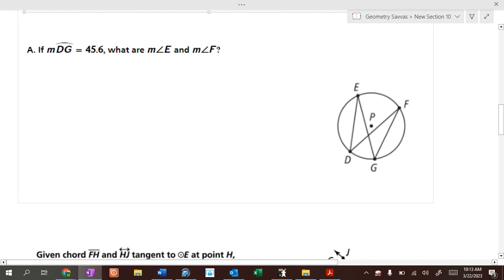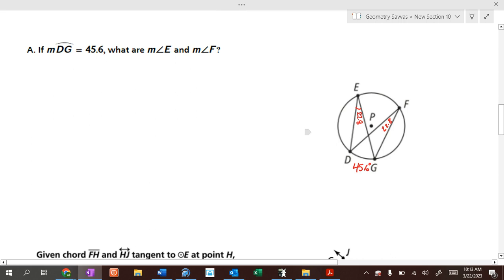So if arc DG is 45.6 degrees, how big is this angle right here? Well, might need a calculator on this one. 22.8. Angle E is 22.8. How about angle F? 22.8.